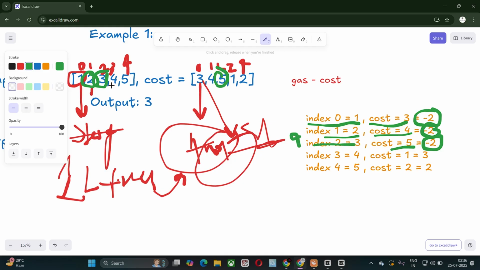In our next index, number 3, the value is 4 and its cost is 1. So 4 minus 1 is equal to 3.